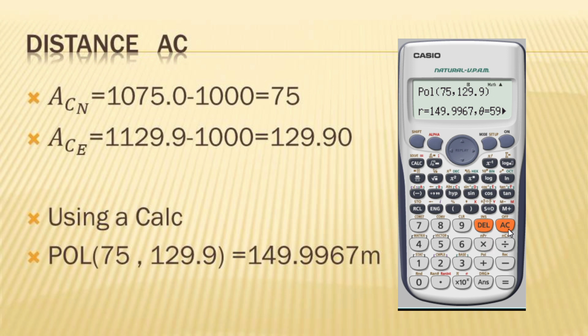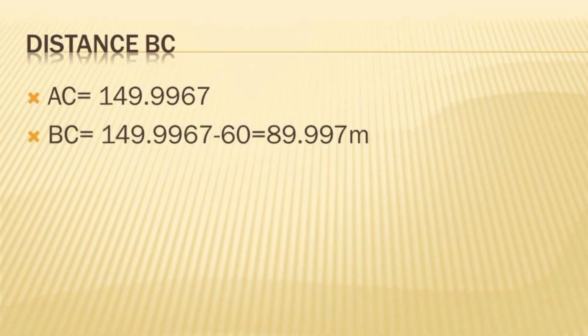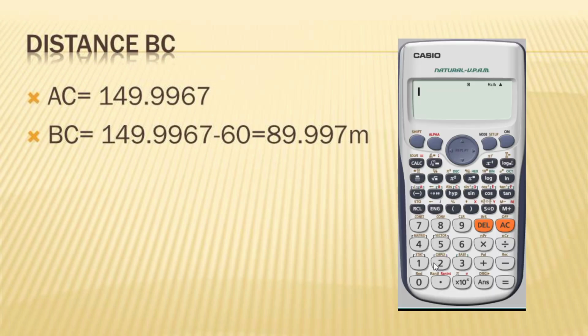After having done that, for the distance BC, we have the distance that we calculated earlier, that is AC, as 149.9967 meters. So the distance BC will be that which we have calculated minus 60.